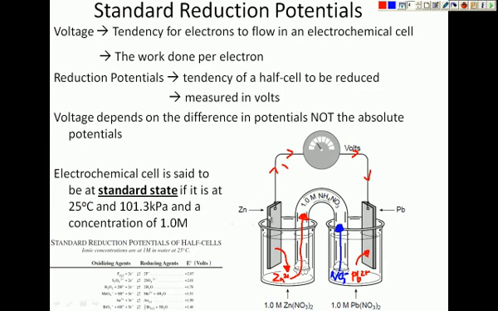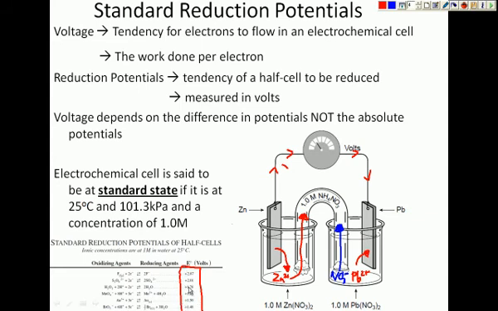This lost electrons much better than everything else here, and Pb2+ gained electrons much better, and that's why we see Zn losing electrons and Pb gaining electrons. And so the reduction potential from the table is the tendency of a half cell to be reduced, and all of these numbers here are measured in volts.